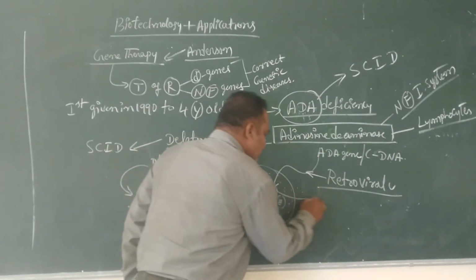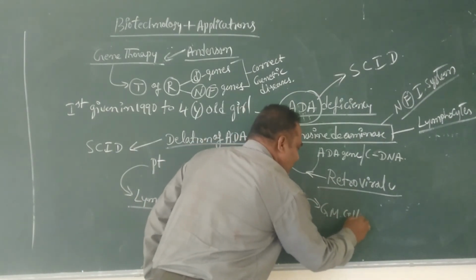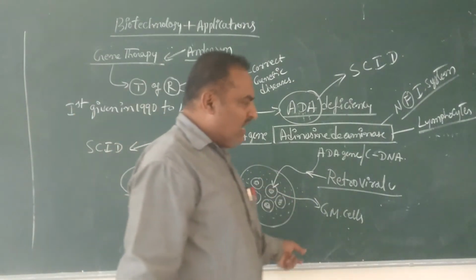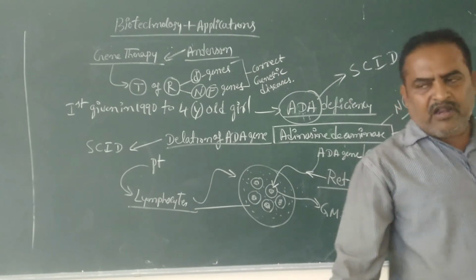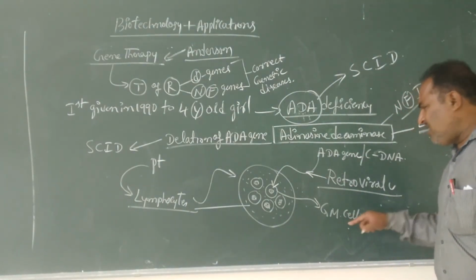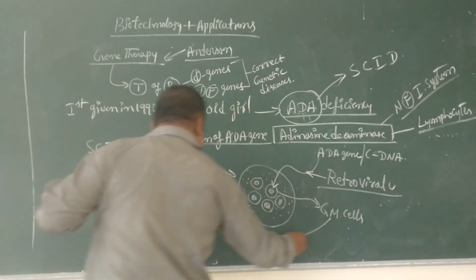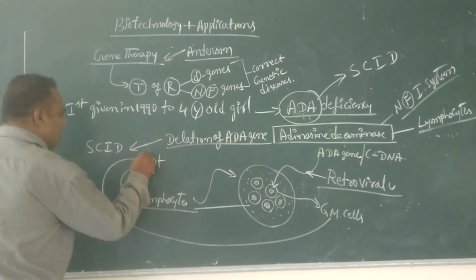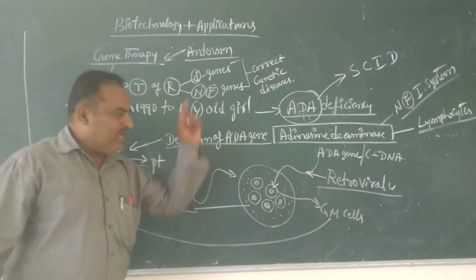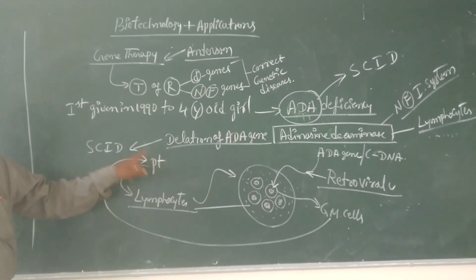Then these lymphocytes are modified into genetically modified cells, genetically engineered or transformed cells. Such transformed cells are re-injected into the patient.